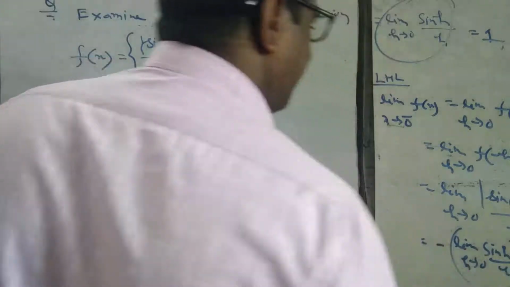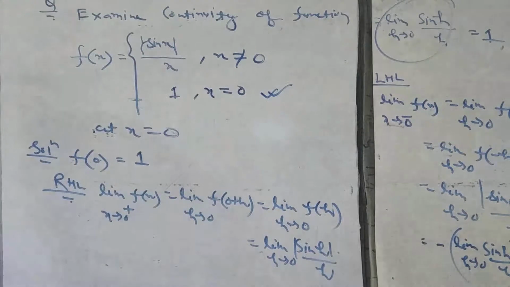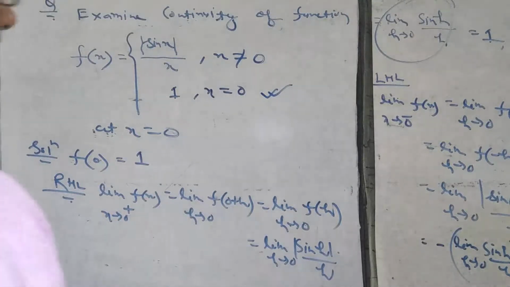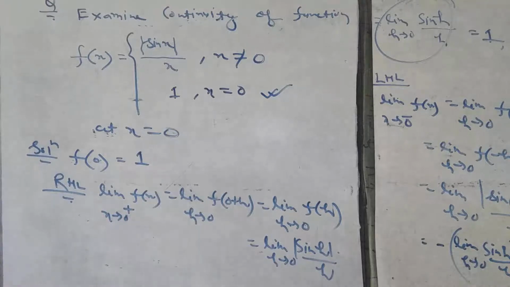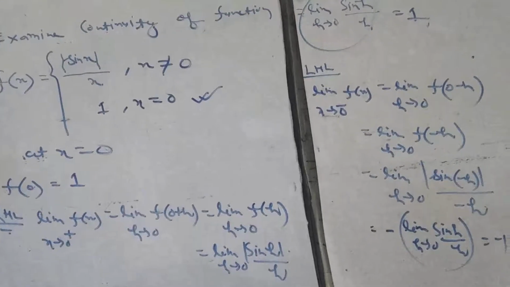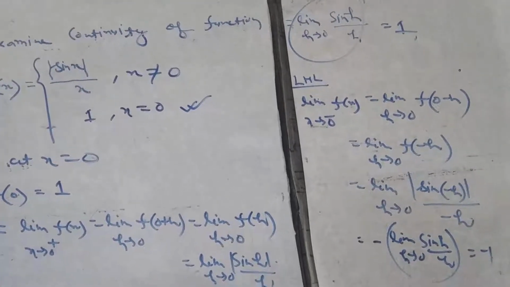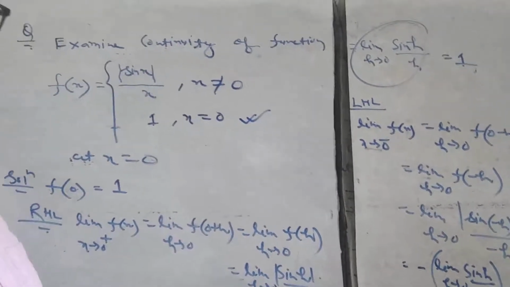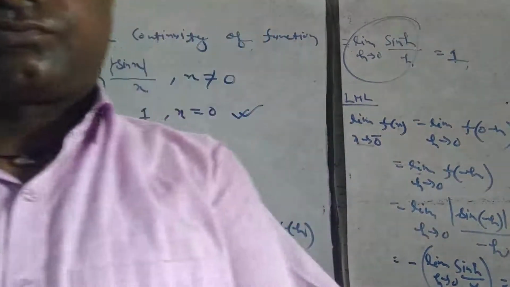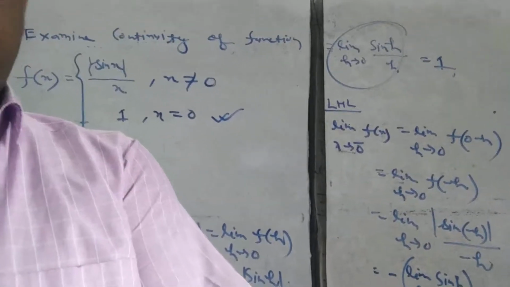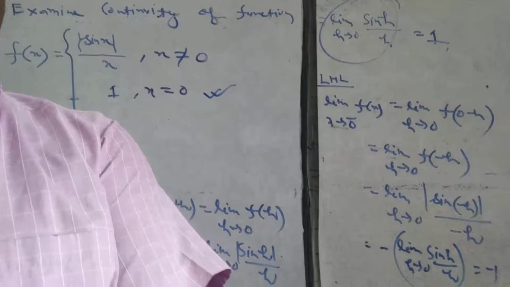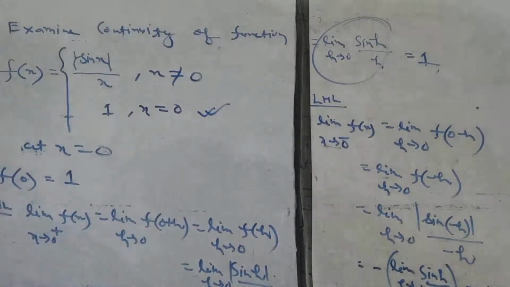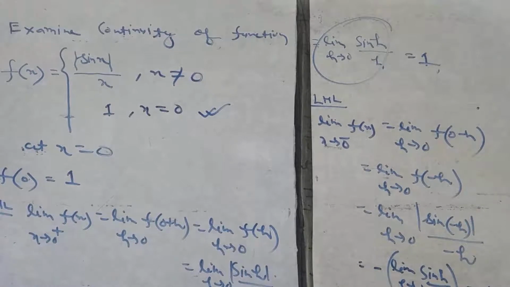So this value is minus 1, because this is the formula of limit. So here what we observe is that f(0) and RHL are equal but LHL is not equal, hence the given function is discontinuous at x is equal to 0.